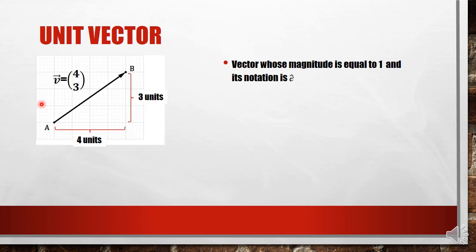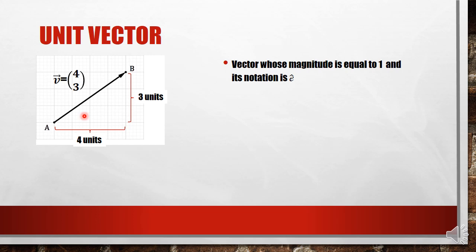For example, I have vector v from A to B, 4 units to the right and 3 units up. Okay, this is vector v. Now, a unit vector is a vector whose magnitude is equal to 1 and whose direction is the same as vector v. So we find the vector whose direction is the same as vector v, but its magnitude is equal to 1.